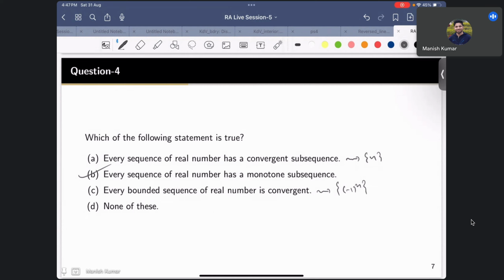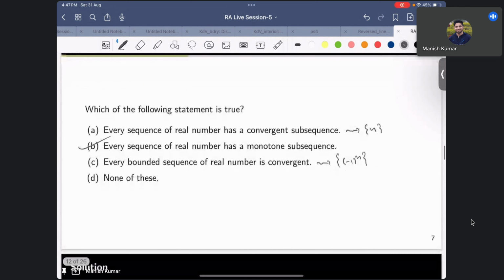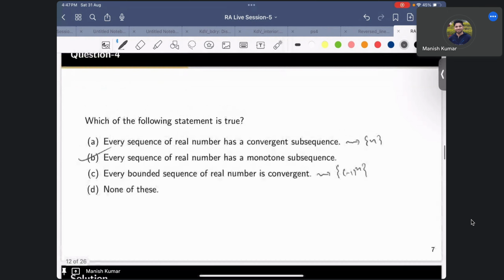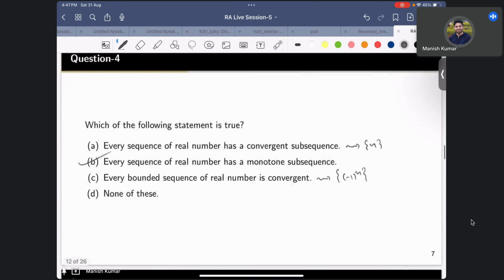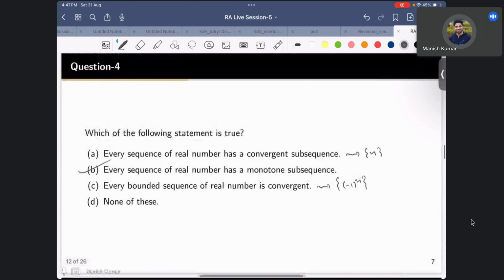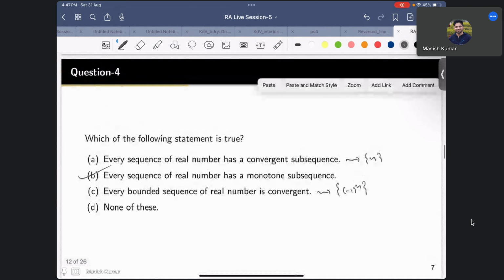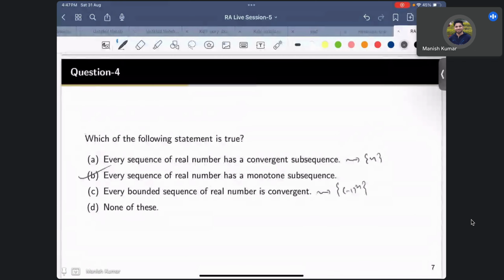You don't remember whether you have seen the proof or not? It's a standard result, I think it should have been discussed in the lectures. But if you want, I can share the proof. Otherwise I'll just proceed. It's up to you whether you want the proof or not for the B part. The B statement is true, but just let me know if you want a proof or not.